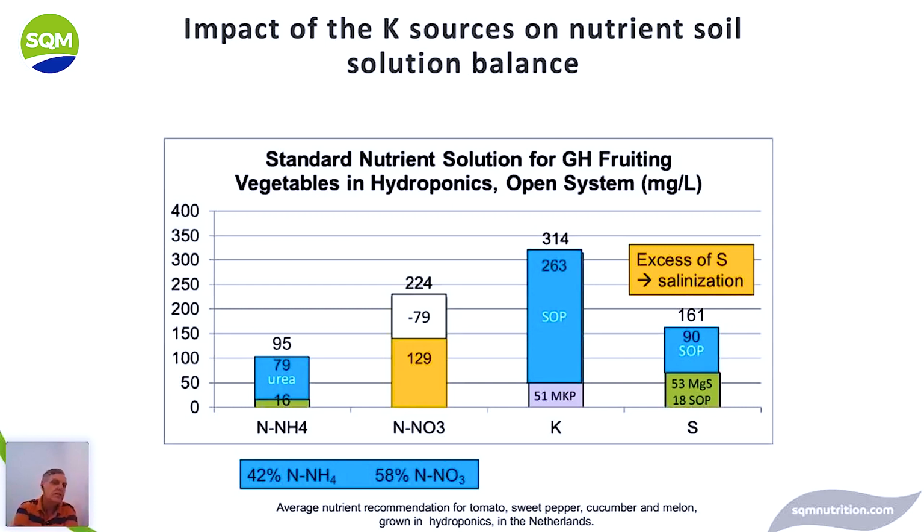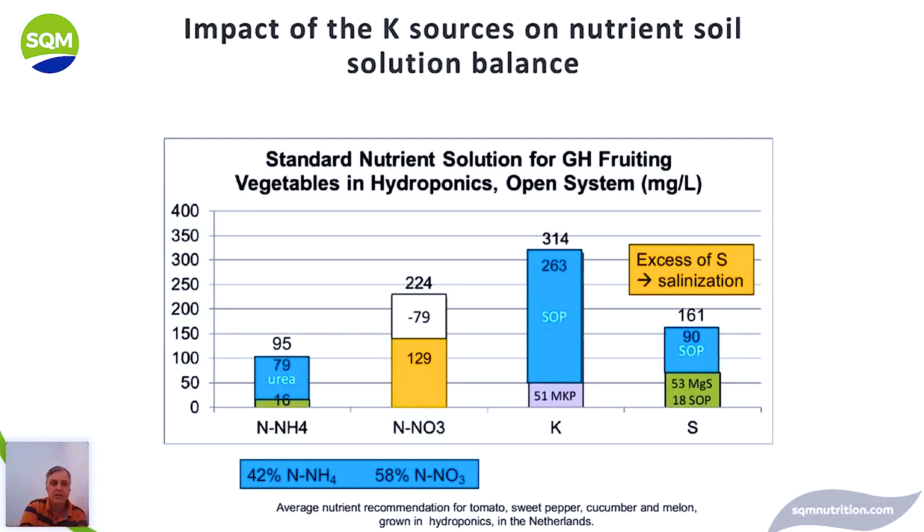That normally is not a nitrate nitrogen source, because the farmer already applies all the calcium that they need in the nutrient solution, so they can't apply more calcium nitrate because the calcium is already at the desired level. So then they use ammonium sulfate or any other nitrogen source, but normally it's ammoniacal nitrogen, not nitrate.